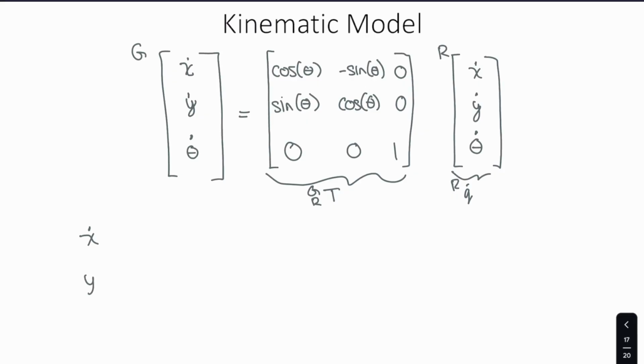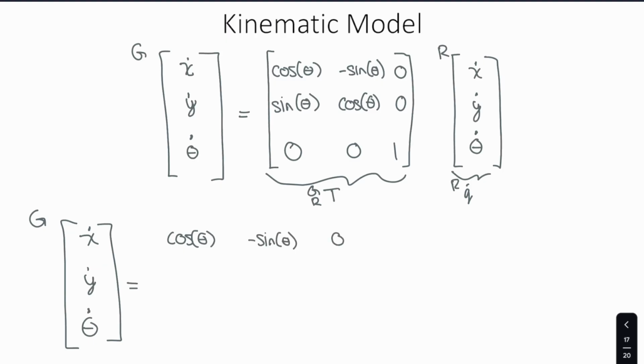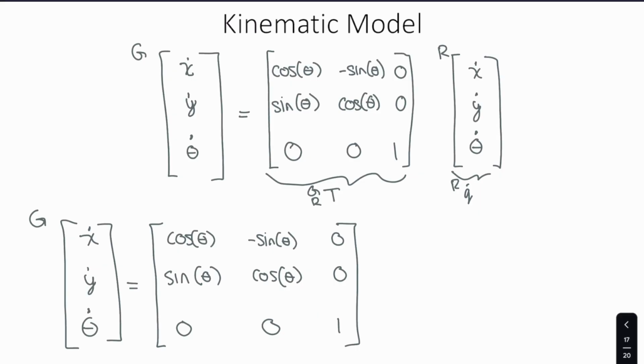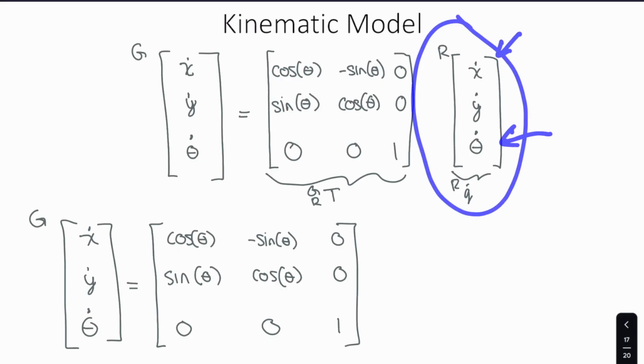have x dot, y dot, theta dot all with respect to the global coordinate frame, and that's equal to cosine theta, negative sine theta, 0, multiplied by this frame in which we can substitute values in for theta dot and x dot.